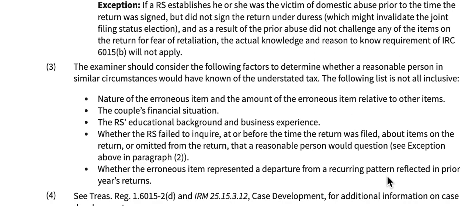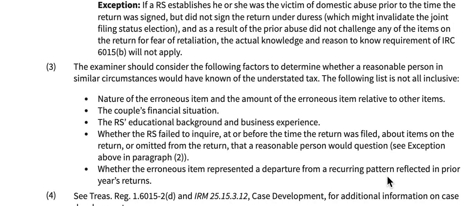When you're completing the 8857, keep this in mind when making your request, that you're actually having to give an examiner enough information so that they can decide for themselves whether or not an objective, reasonable third party would make similar decisions as you would.